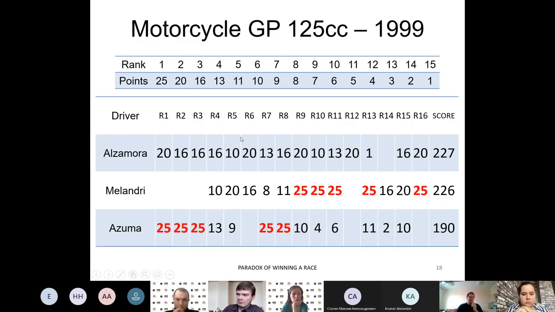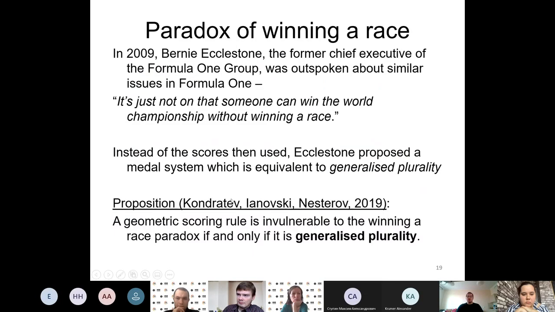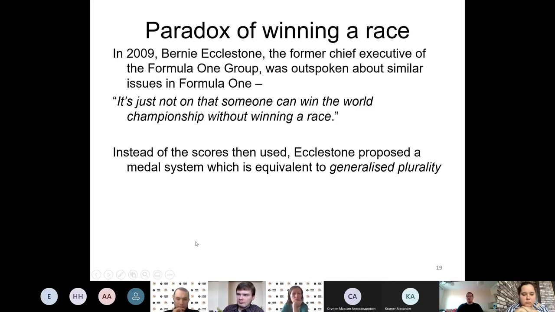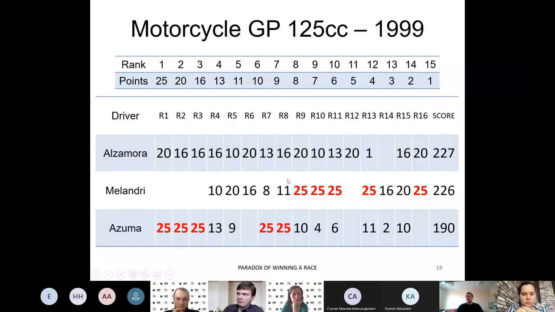So with the axiomatic approach, when we pose some additional axiom, we will have a single rule. For instance, if you want to avoid some kind of paradox, just a geometric scoring rule is invulnerable to the winning a race paradox, it means that in some championships, you can win a championship without winning any race, as here. So Millinery won some races, Azuma won some races, but the champion won no race.